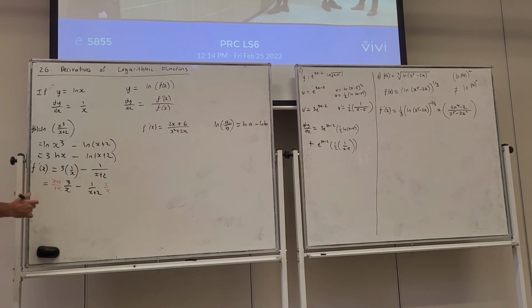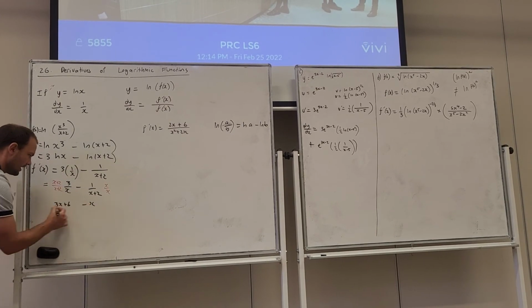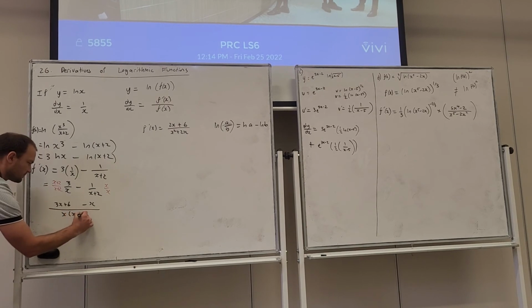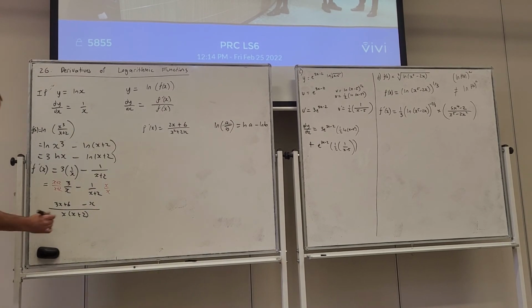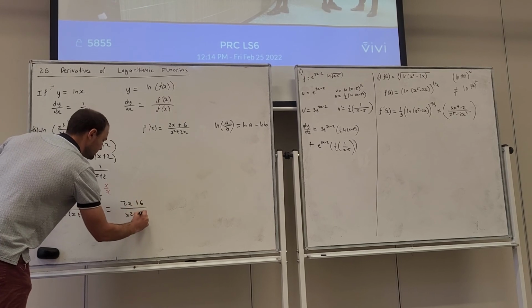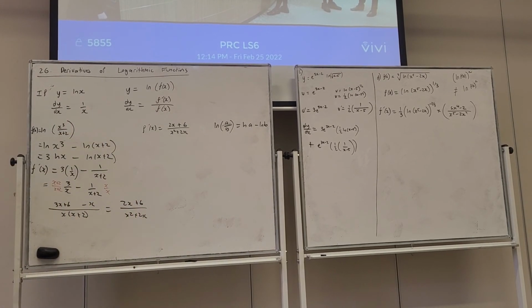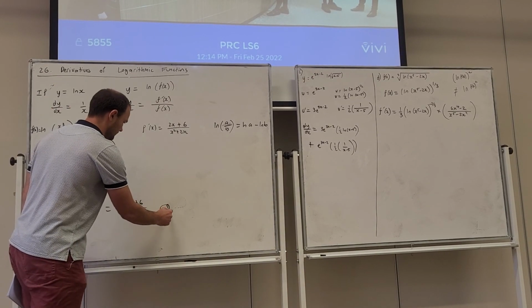So that's going to give us 3x plus 6 here, and take away x, and all of that's on top of x times x plus 2. And you can see that gives us 2x plus 6 on top of x squared plus 2x, as required. QED.